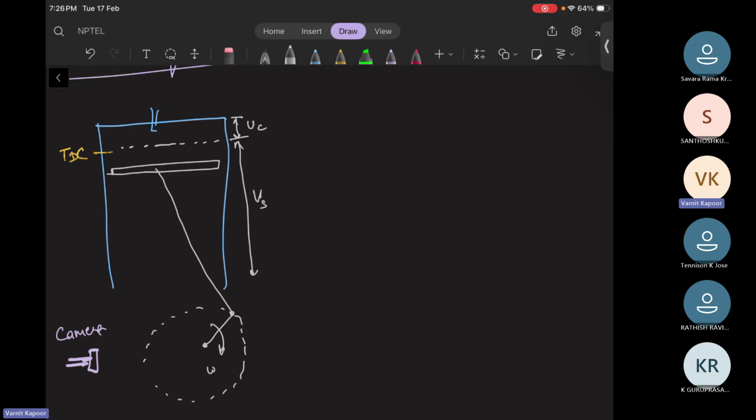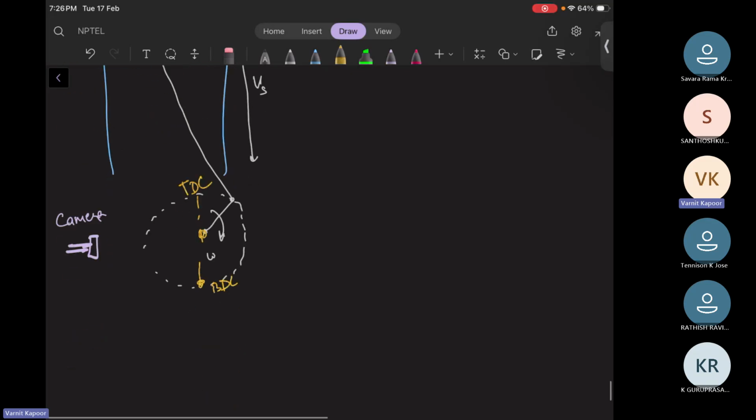This position is your TDC and this position is your BDC. We are seeing that our engine is running at constant velocity, not any variable velocity. So alpha, this is your angular acceleration, will be 0. The angular velocity is constant, so angular acceleration will be 0 for that system.